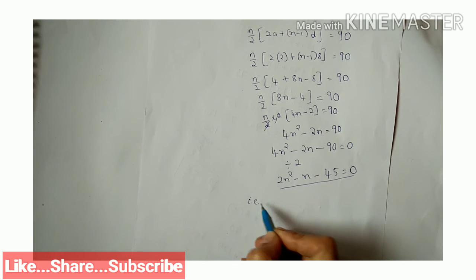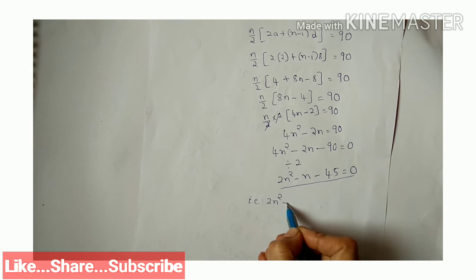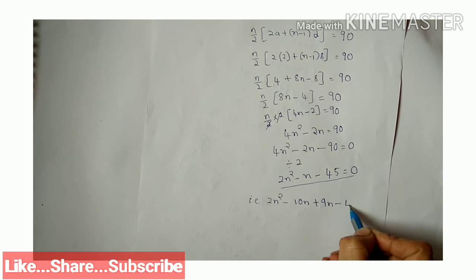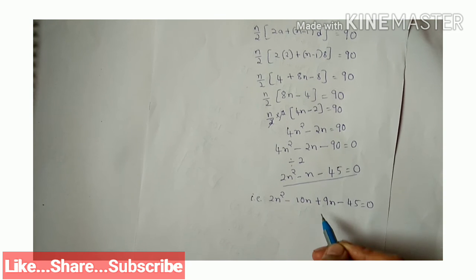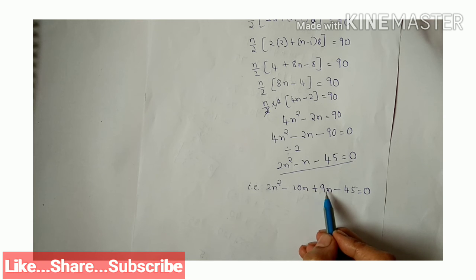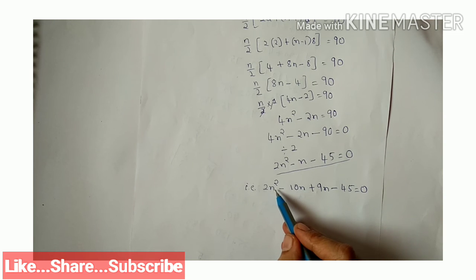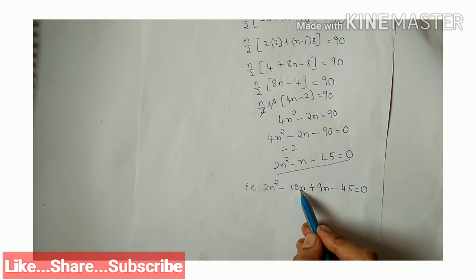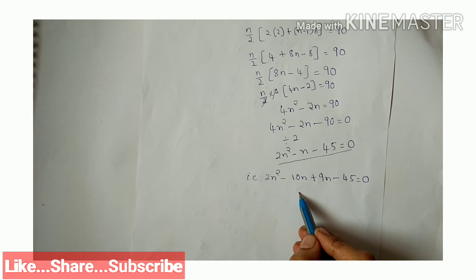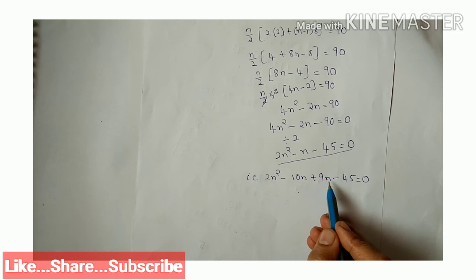That is 2n square minus 10n plus 9n minus 45 is equal to 0. Let us check: minus 10n into 9n is minus 90n square. Therefore, two terms are minus 10n and 9n.